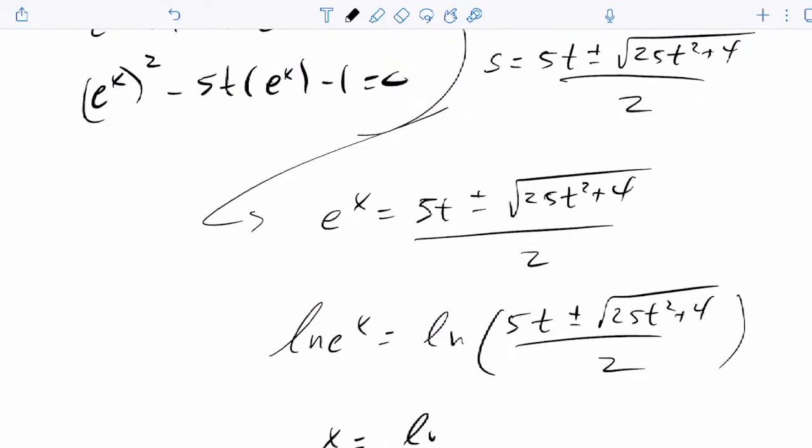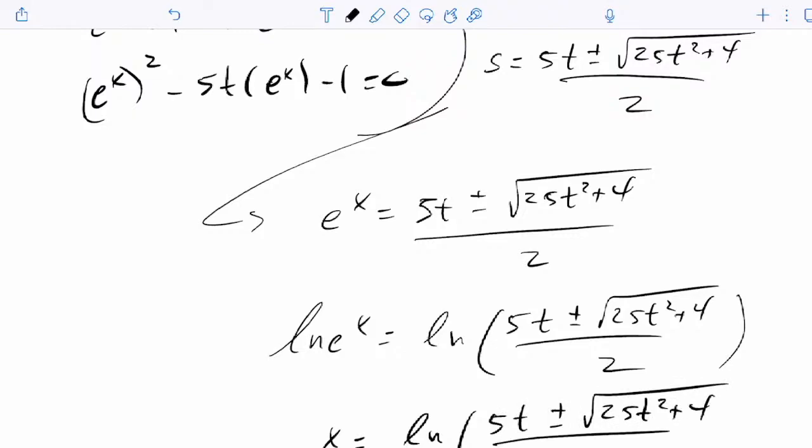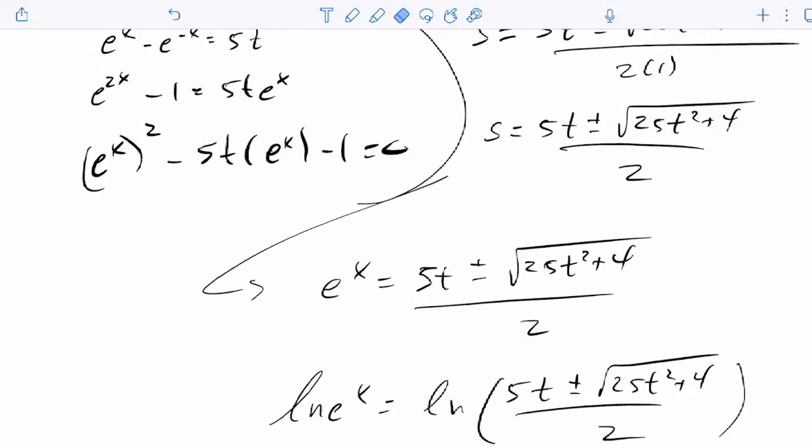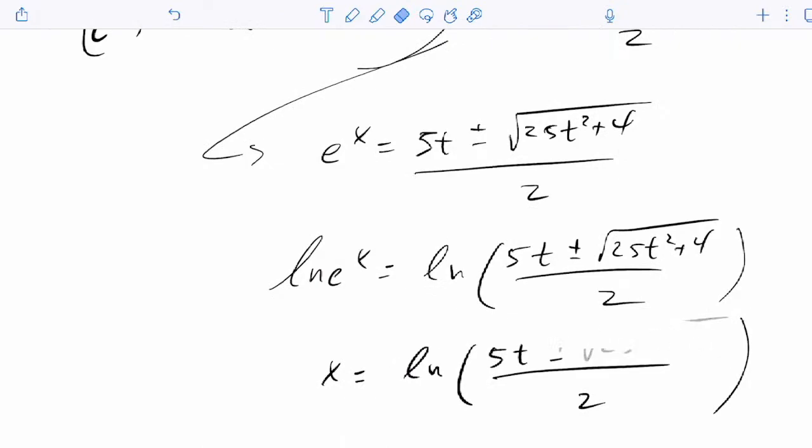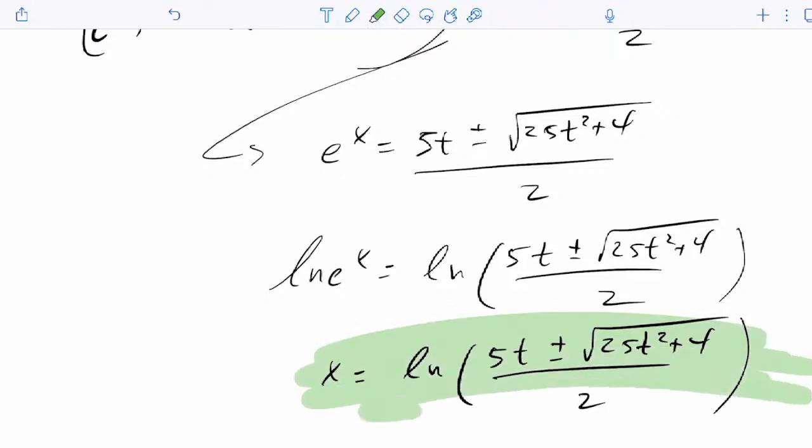You get x is the ln of 5t plus or minus the square root of 25t squared plus 4, over 2. And that's it for this one. Oops, sorry, erased it. Okay, so there's 33.